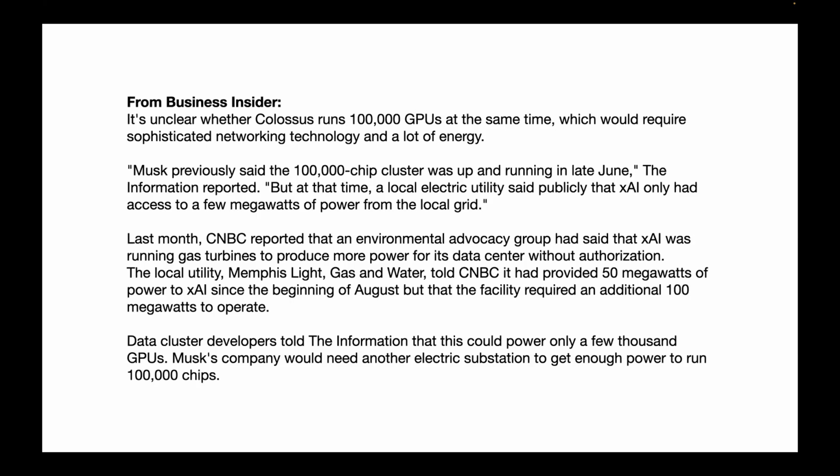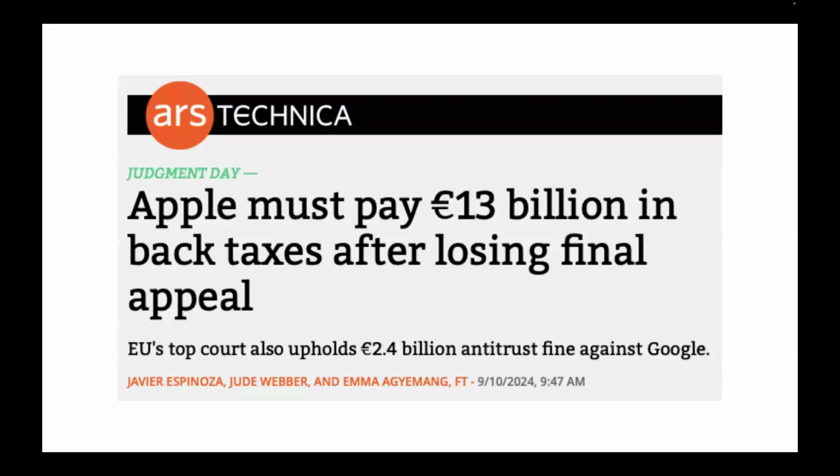And data cluster developers have told the Information online news source that 50 megawatts could only power a few thousand of these GPUs, and that they would need a complete other electric substation to run all 100,000. So it sounds like a bit of an overstatement that Colossus is truly a 100K GPU training cluster at this point, because they don't have the juice to run all those things. So that's interesting.